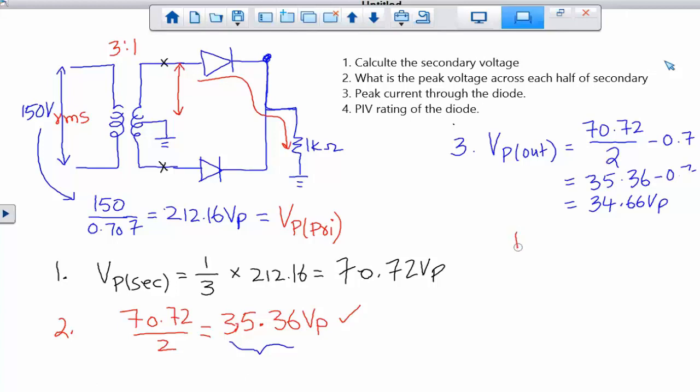You simply take that output voltage and use Ohm's law. So it's V over R. So it's like 34.66 milliamps when you calculate the current.